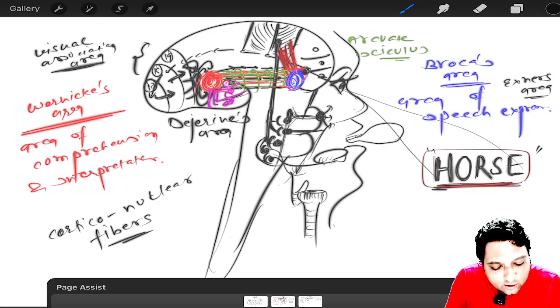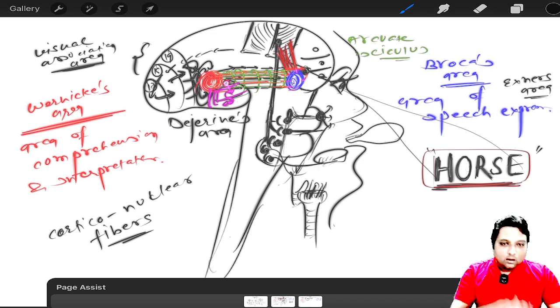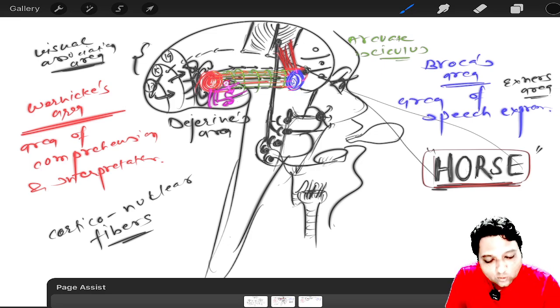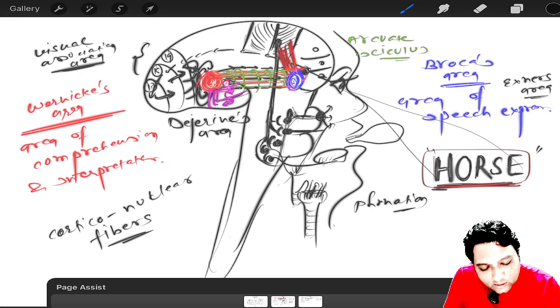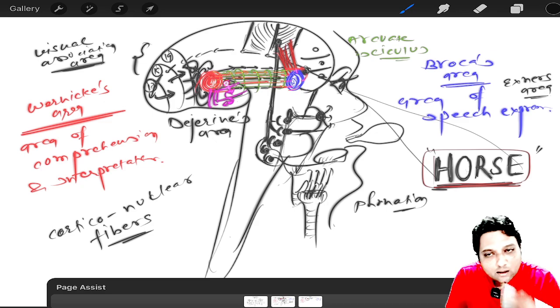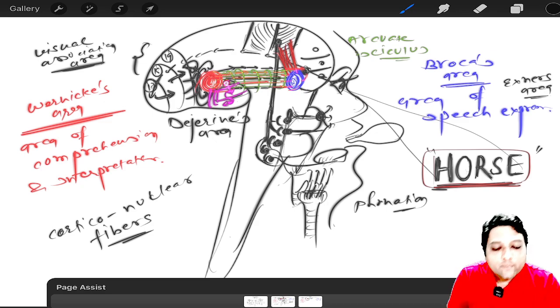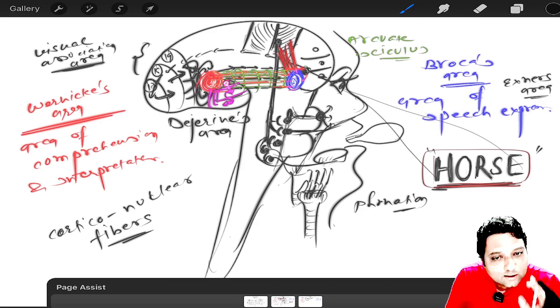Main production of sound is done by larynx and vocal cord. Movement of the vocal cord produces sound, that is called phonation. And after production of sound, by movement of the tongue or lips or muscles of soft palate and pharynx in a particular manner, they produce different words, that is called articulation of speech.